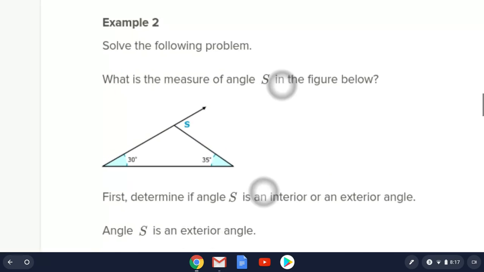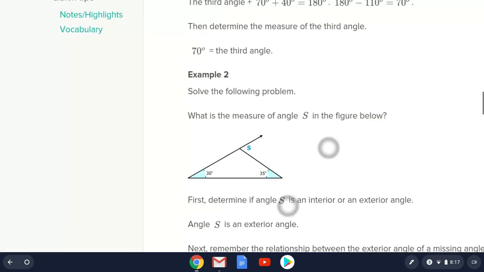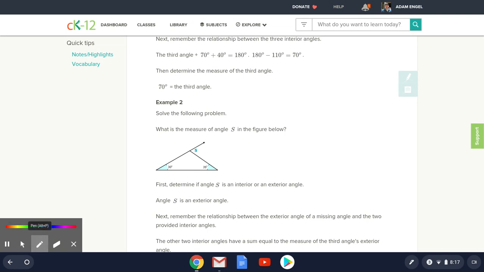We need to figure out the measure of angle S. Find the measure of angle S. This one's a little more complicated. We're not trying to find what this angle is right there. We're trying to figure out S. Now, that being said, we are going to need to figure out what this angle is, because we know that there is a supplementary pair.